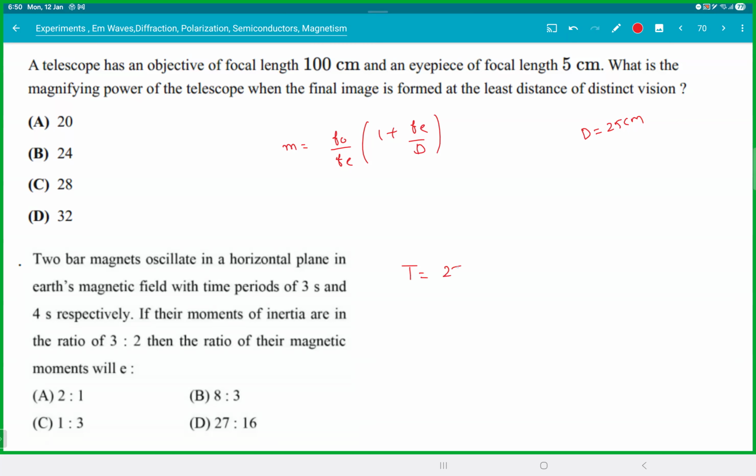What is the formula? T is equal to 2 pi root over I by MB.